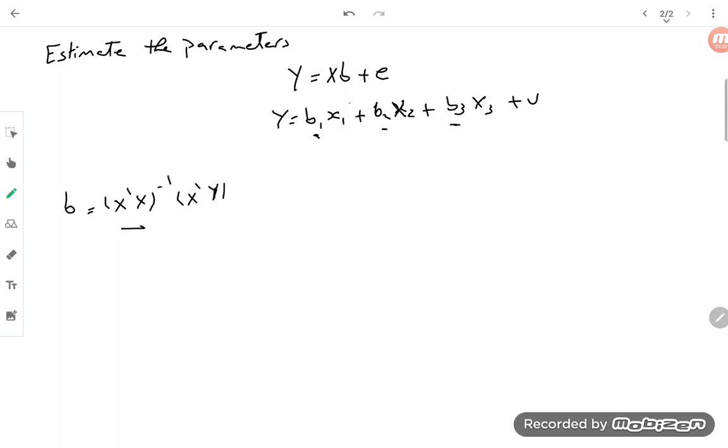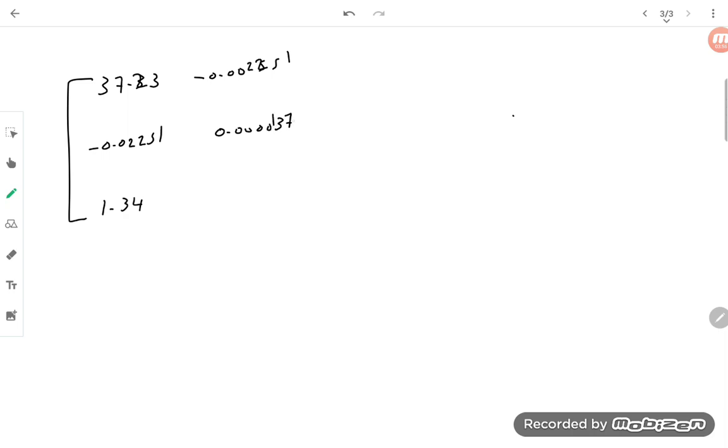So we multiply the matrix (X'X) inverse by the vector X'Y.